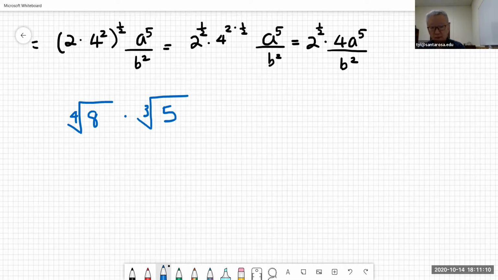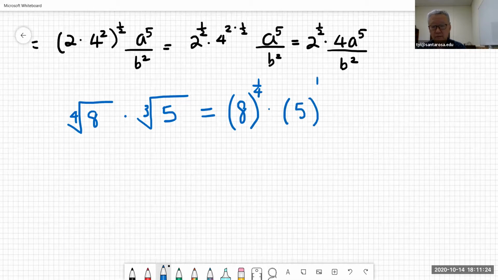So if I want to rewrite this using rational exponents, I have 8 to the 1/4 times the 5 to the 1/3. That's what this is, right? We convert the radical into rational exponents. So the next thing that we are going to do is rewrite the exponents using the same common denominator for both base 8 and base 5.